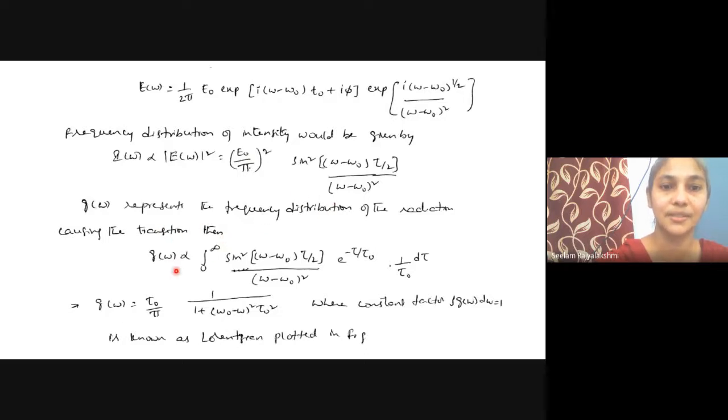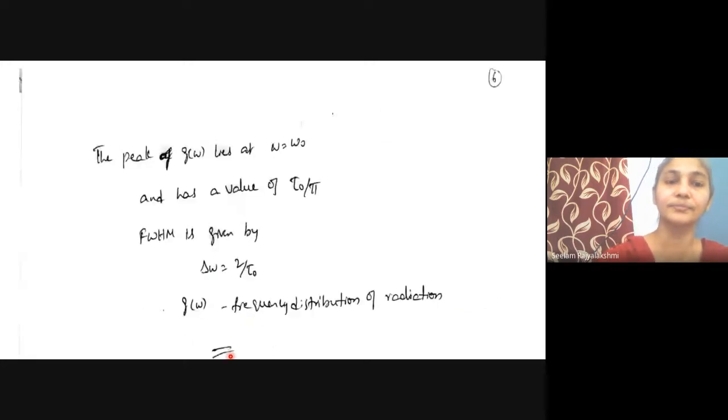Then g(ω) is proportional to the integral from 0 to infinity of sin²((ω − ω₀)τ/2)/(ω − ω₀)² e^(−τ/τ₀) (1/τ₀) dτ. So g(ω) equals (τ₀/π) × 1/(1 + (ω₀ − ω)²τ₀²), where the constant factor is such that the integral of g(ω)dω equals 1. This is known as the Lorentzian, plotted in the figure.